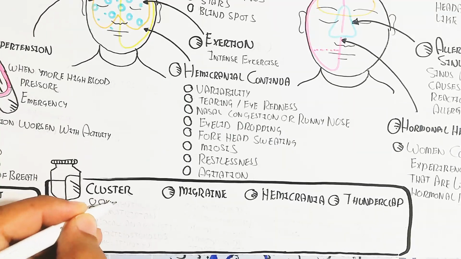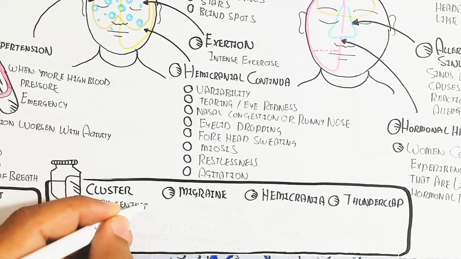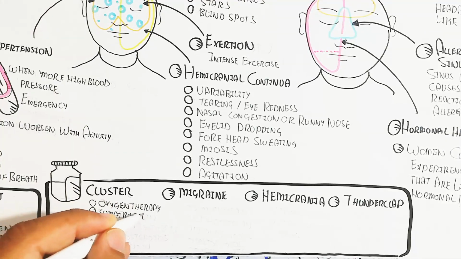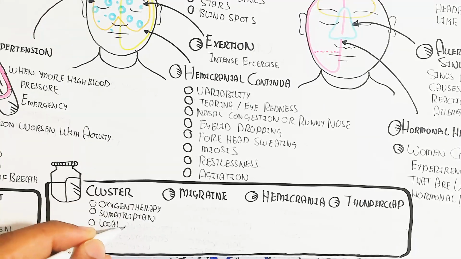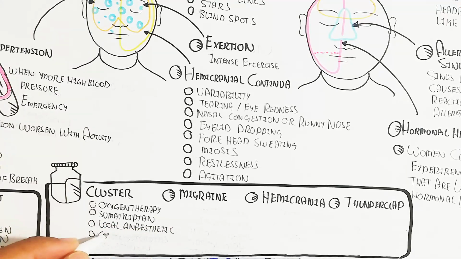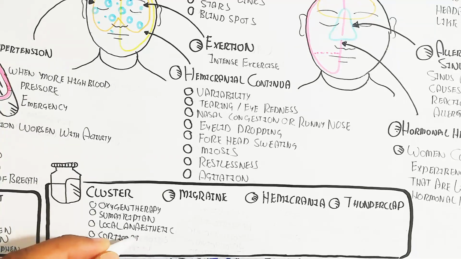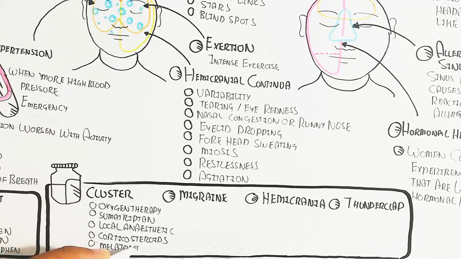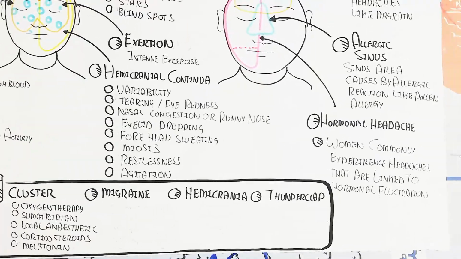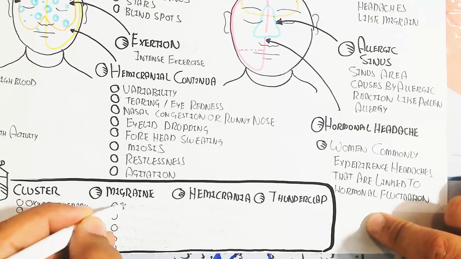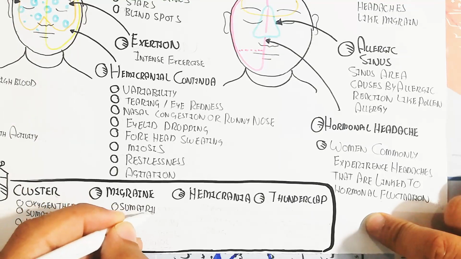Cluster headache can be treated with oxygen therapy and sumatriptan. A local anesthetic, corticosteroids and melatonin can also treat it. The cluster headache is basically due to tension, and the cluster headache causes burning and piercing pain.